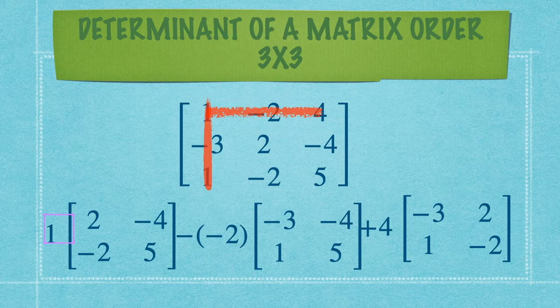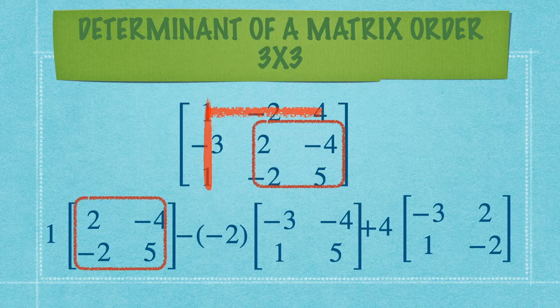So we have the 2 by 2 matrix, which is 2, negative 4, negative 2, and 5. So that's what you're seeing here, my 2 by 2 matrix, which we have to find the determinant of.